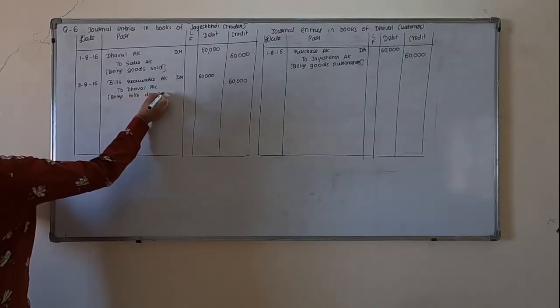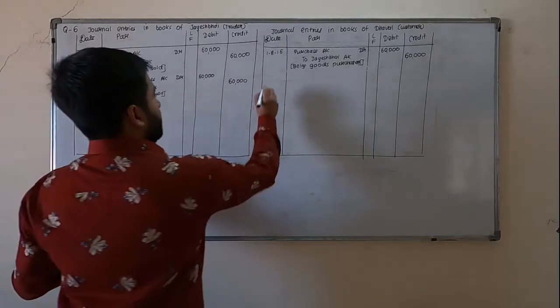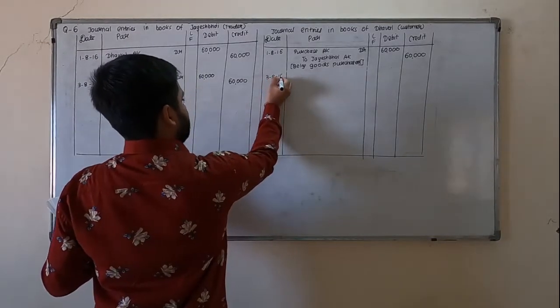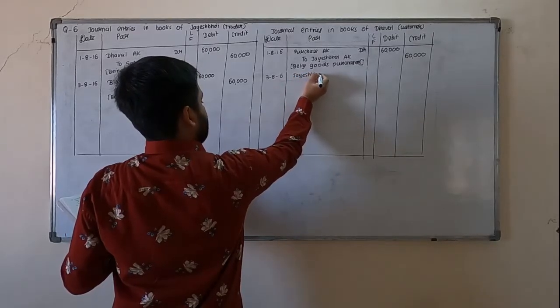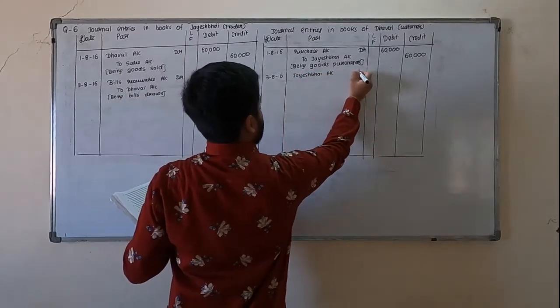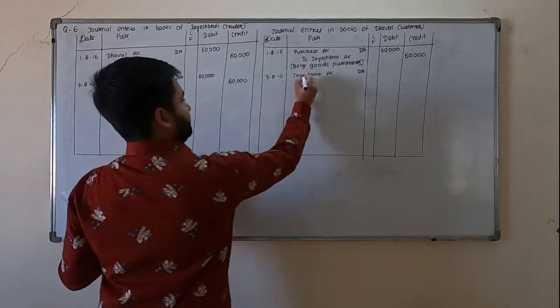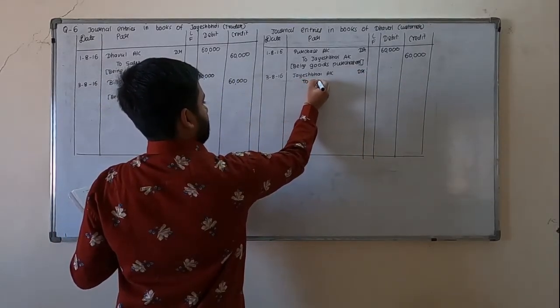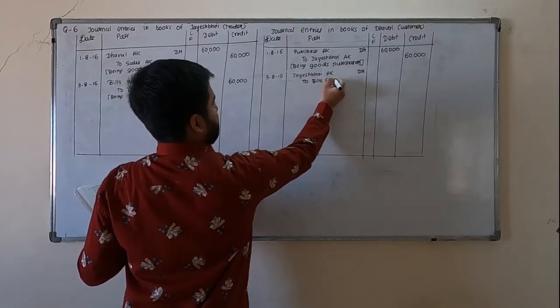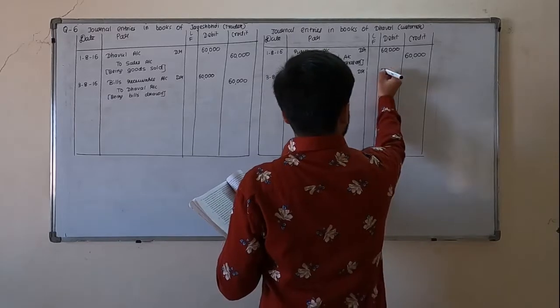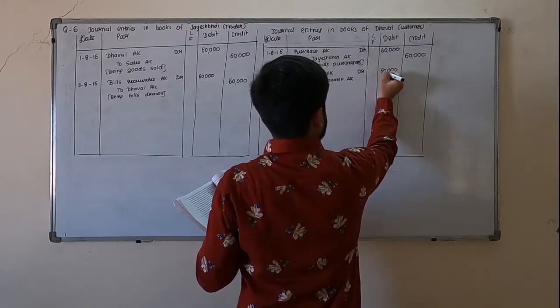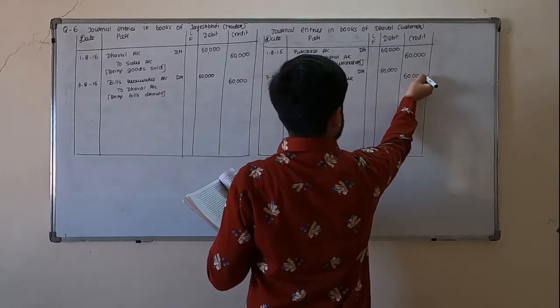Being bills drawn. Here, for accepting the bill from Jayesh Bhai, Jayesh Bhai account debit to bills payable account 60,000.